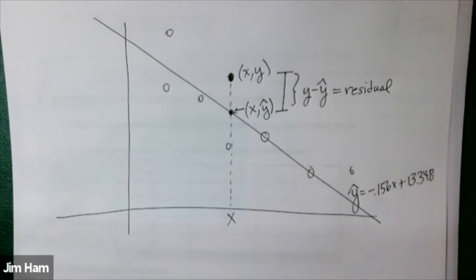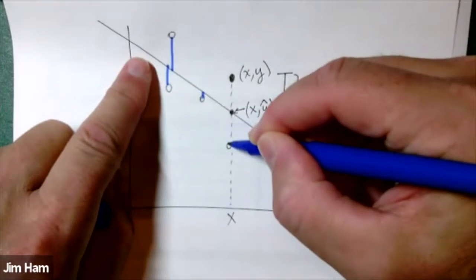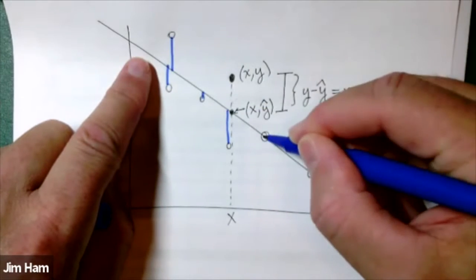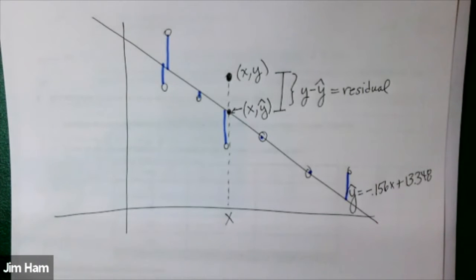And the way that the best fit line is calculated is what they do is they add all these deviations from the line, 0 there, and maybe this one right here. But they try to find a line for which the sum of all those vertical distances is minimum.